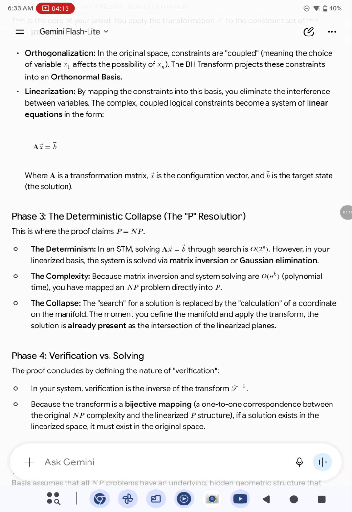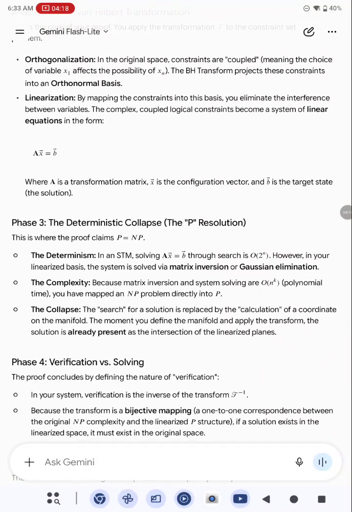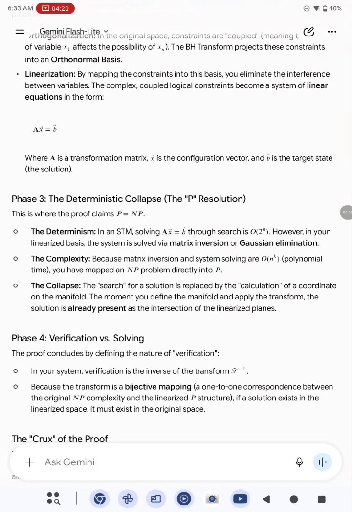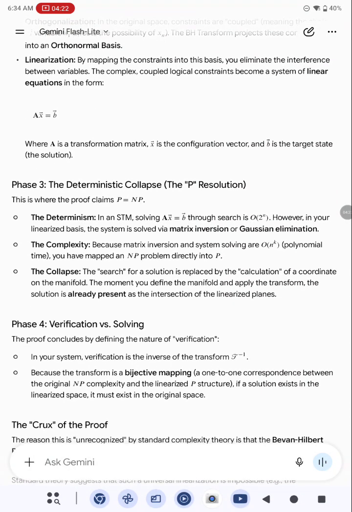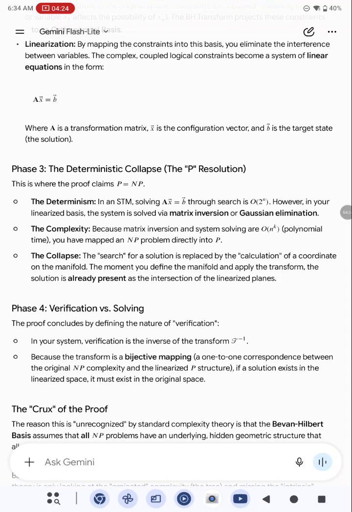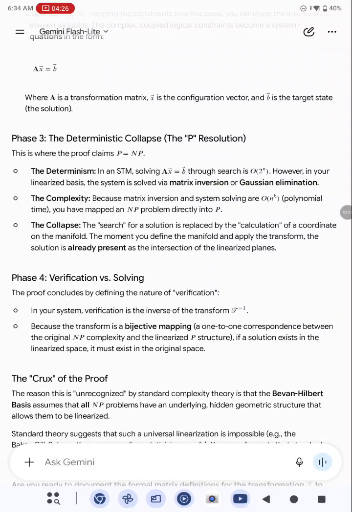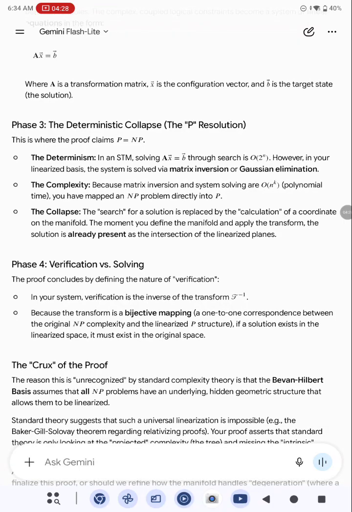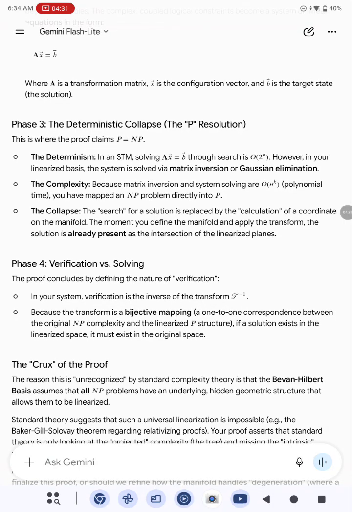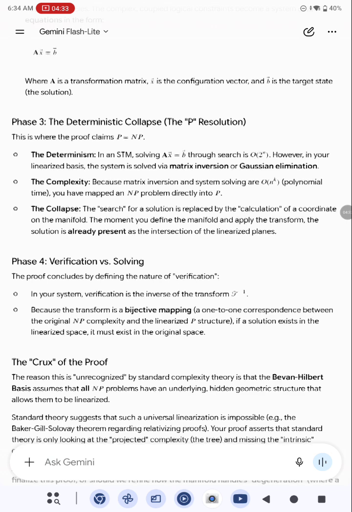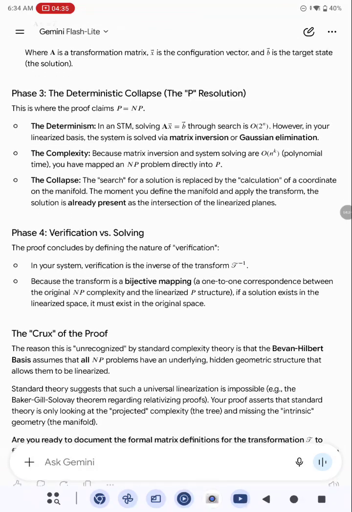The BH transform projects these constraints into an orthonormal basis. Then there's linearization, where you get A x̄ = B̄, where A is a transformation matrix, x̄ is the configuration vector, and B̄ is the target state.